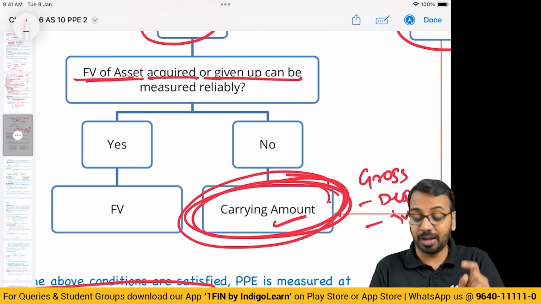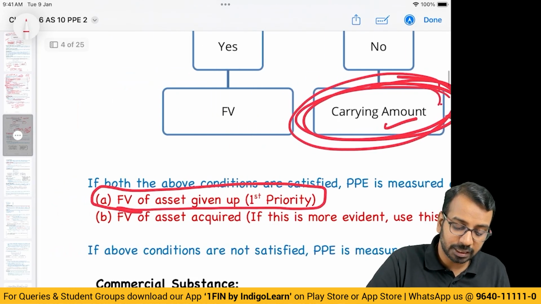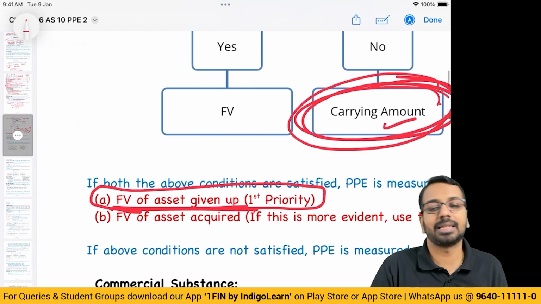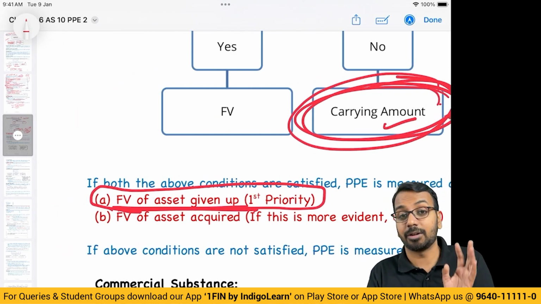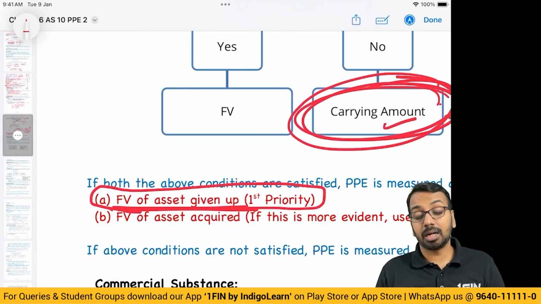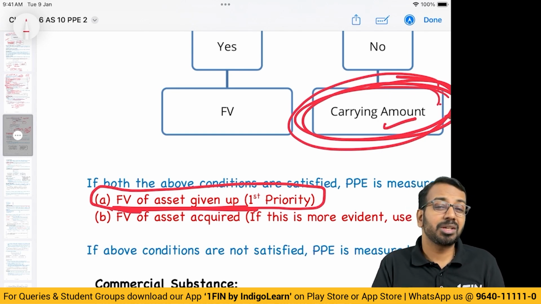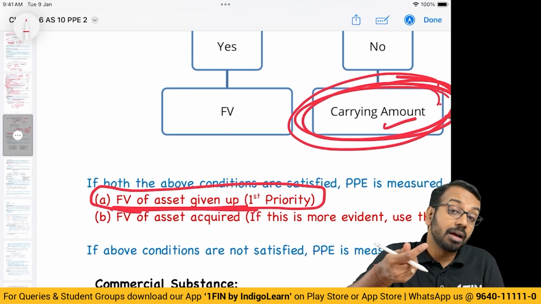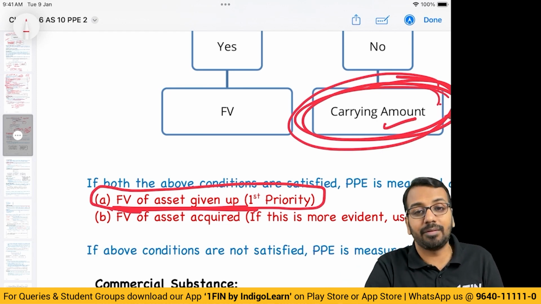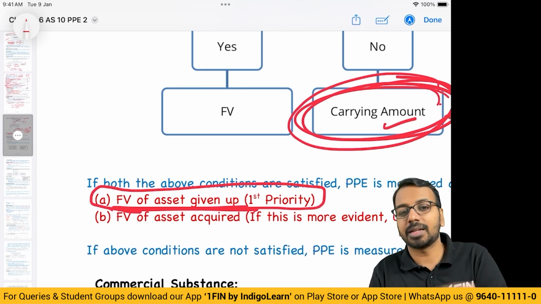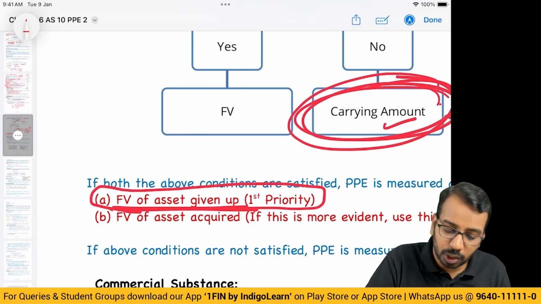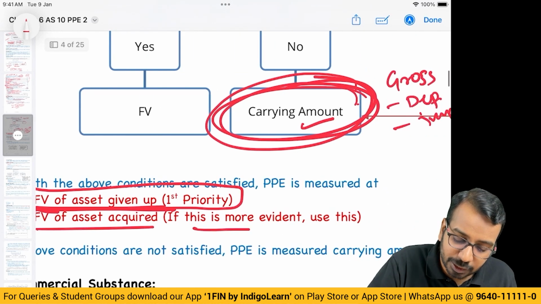But if I can measure the fair value, then first priority is fair value of asset given up. If I have it, I will use that. But sir, the fair value of asset given up is not clearly evident, but fair value of asset acquired is more evident, more clear.